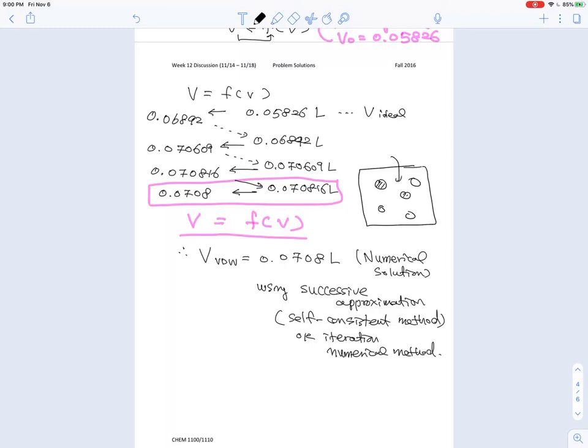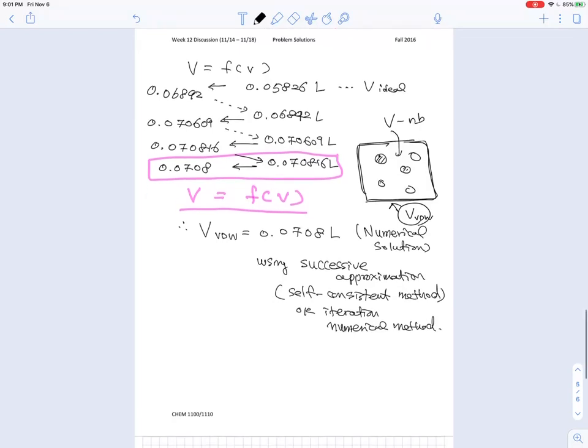So this is what used to be an idealized gas. Therefore, you need a much bigger volume. That's the V minus NB, and the whole thing is your V, right? So this is the van der Waals gas, and you need a much bigger volume than it should be.